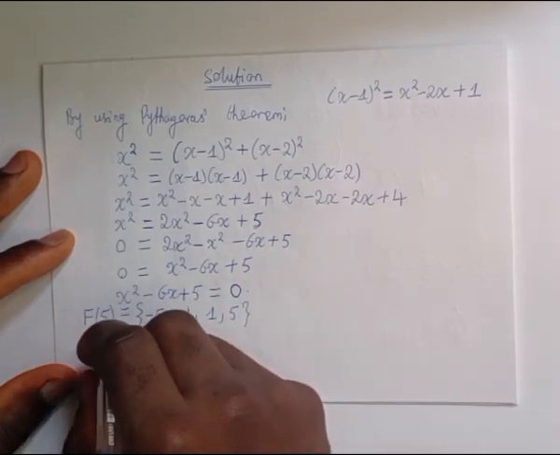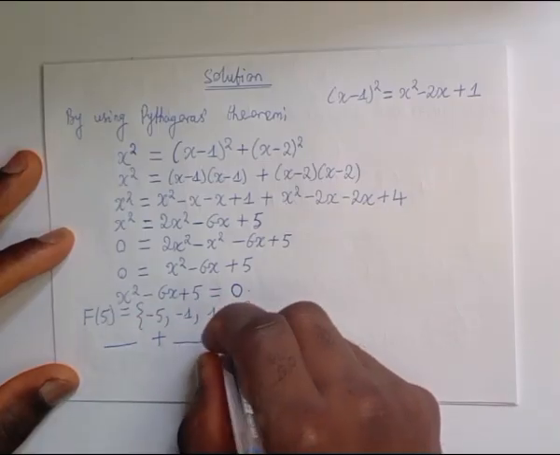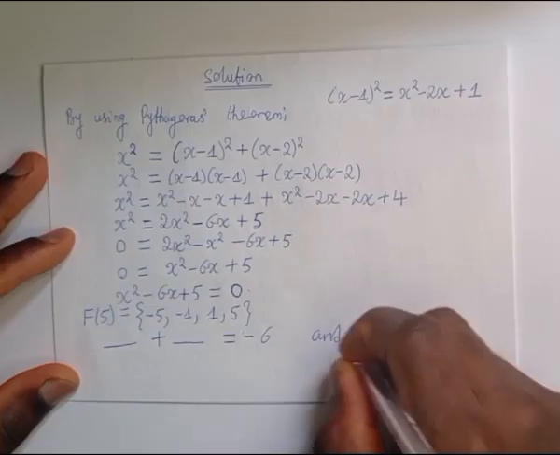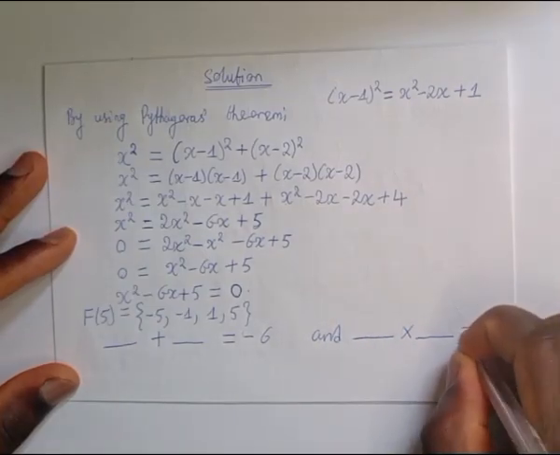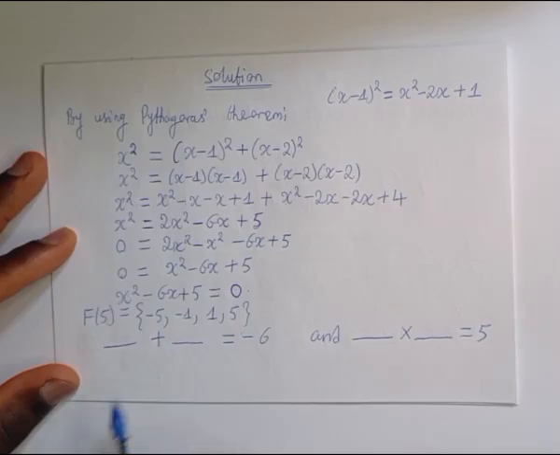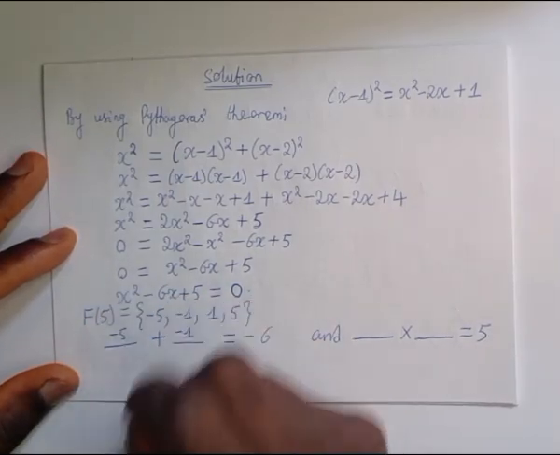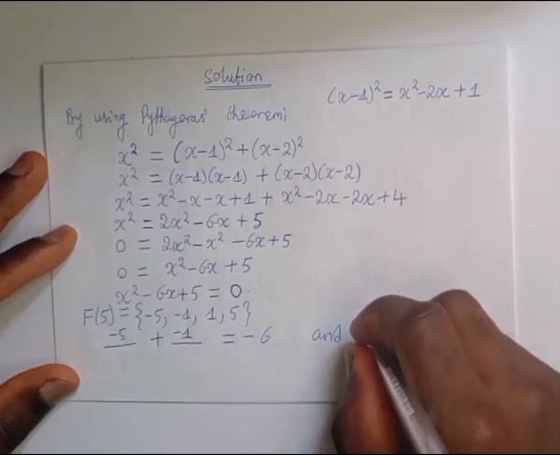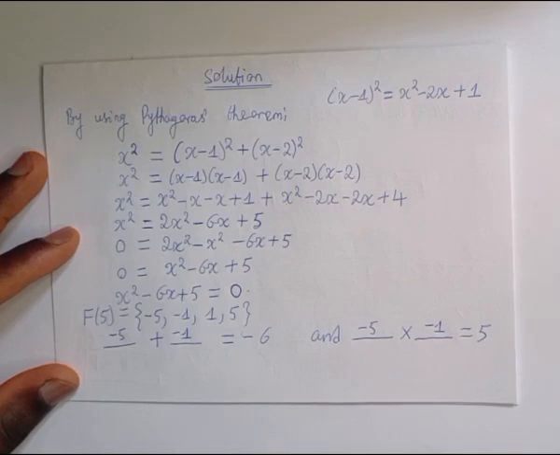We need two factors of 5 such that their sum is -6 and their product is equal to 5. You'll see if we make use of -5 and -1, -5 plus -1 gives us -6. -5 times -1 gives us +5.